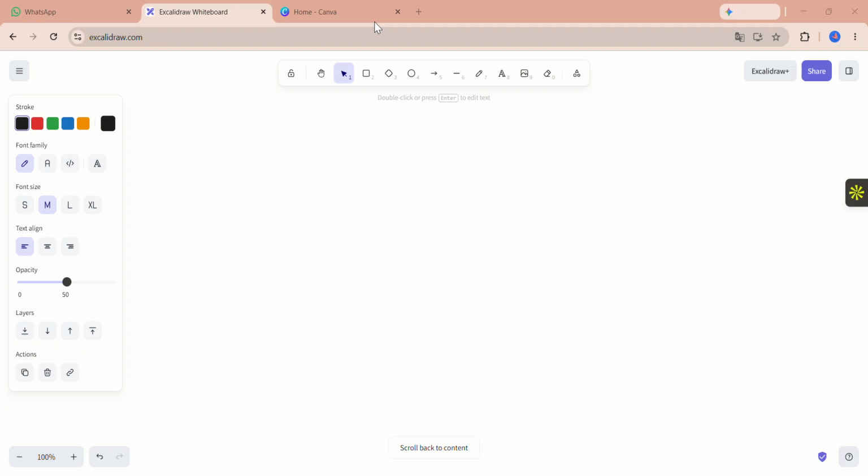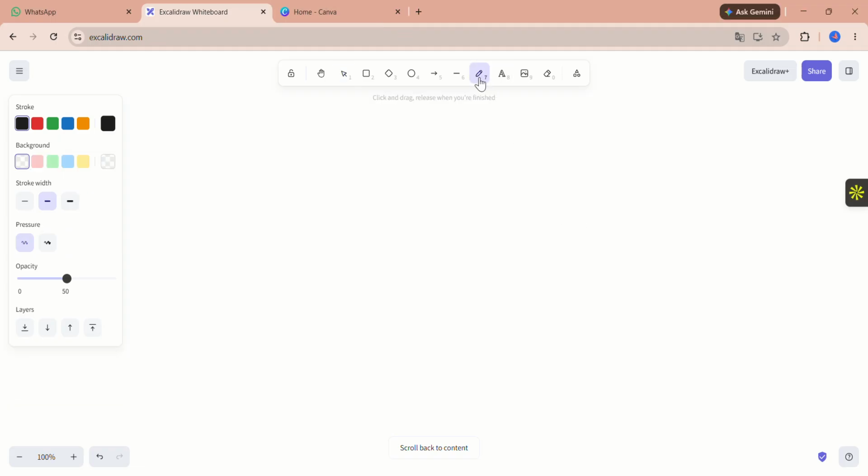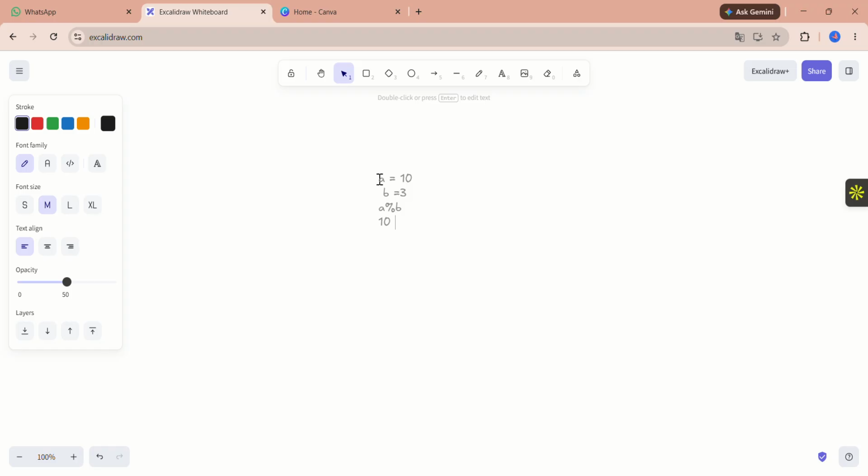Why? Just a second. a equal to 10 and b equal to 3, then a modulo b, so 10 modulo 3. The answer is 1. How does it come to 1? Let's explain it.